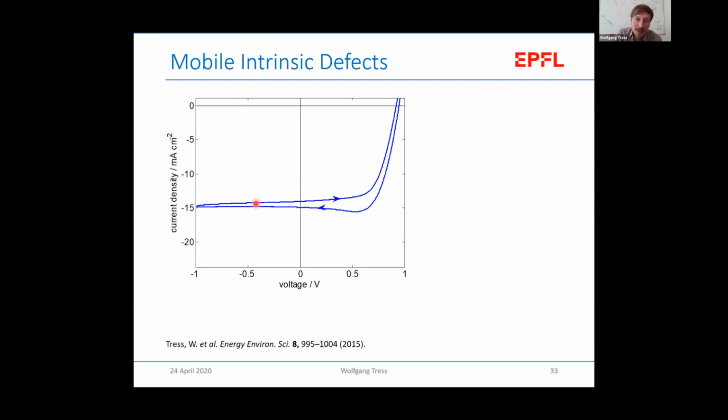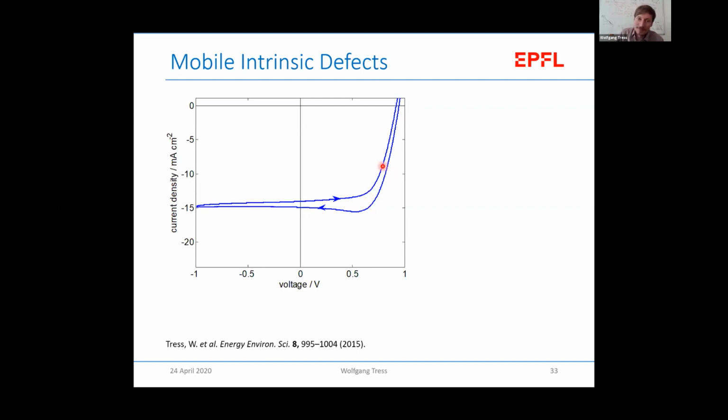You just expect that you get one curve which you report, which is a steady state curve at each voltage point when you sweep. But what people saw is that when you sweep in one direction, for example backward, and then forward again, there is this big discrepancy. And if you remember how we usually determine the efficiency of such a device, we look at the maximum power point, which is of course then different.